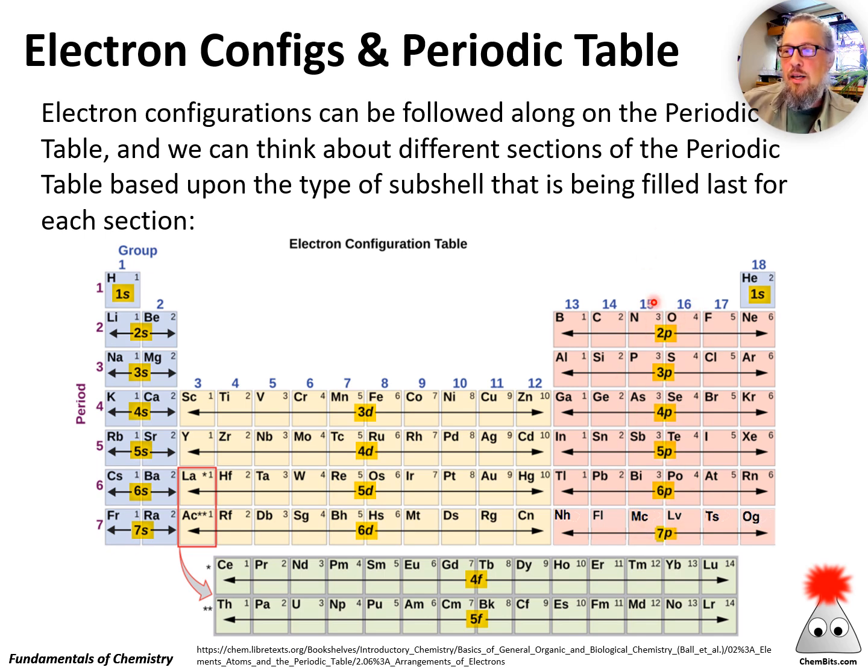The p block is p orbitals being filled as the last electrons. Transition metals, the d block, d orbitals being filled. Rare earths, the f block, f orbitals being filled. So we can think about the periodic table broken down that way, and it really does help define the behavior of these elements.